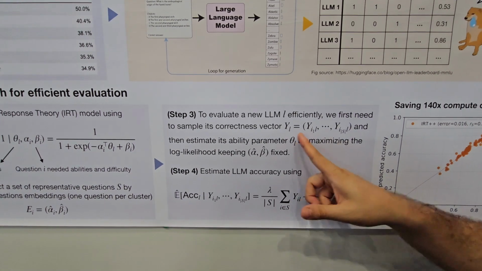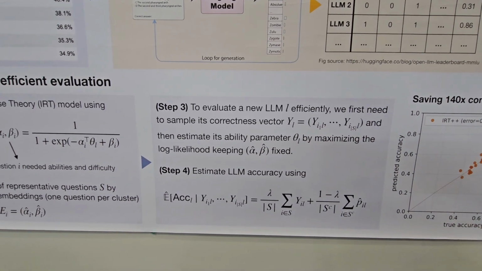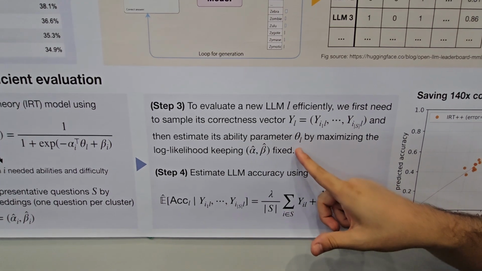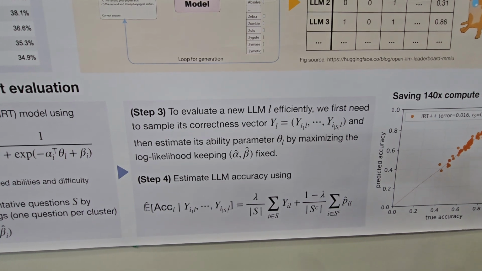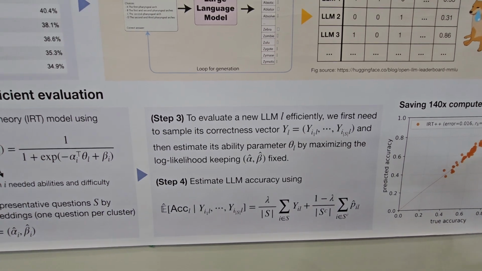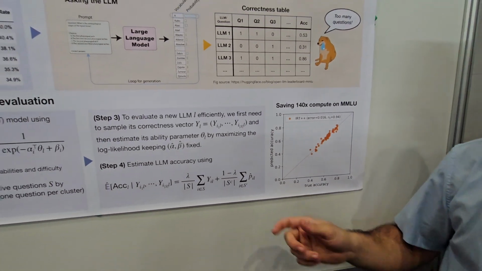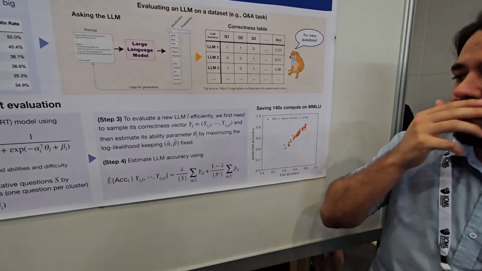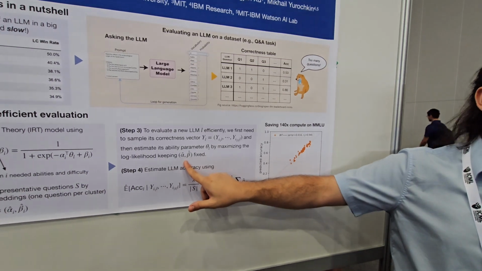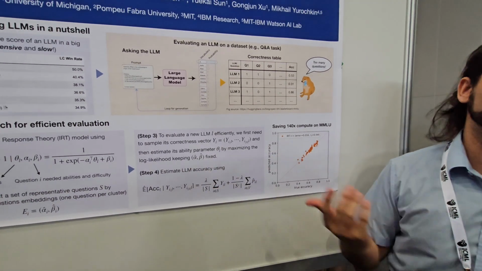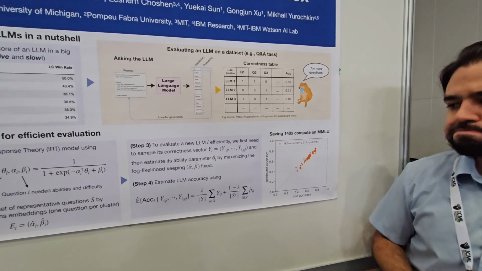After we get this correctness vector for a new model, we can fit the theta for this new model and estimate the abilities of this new LLM. To fit this parameter, keeping the others fixed, it's basically running a logistic regression, so it's very cheap.